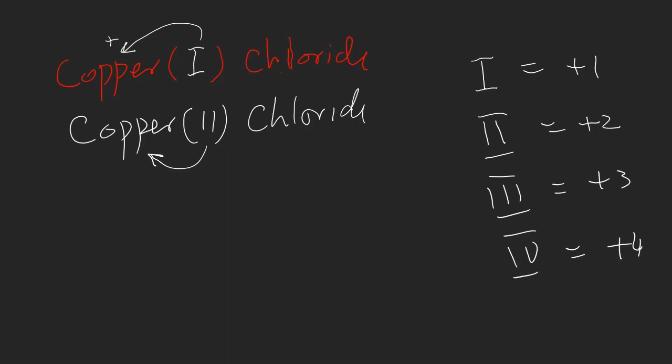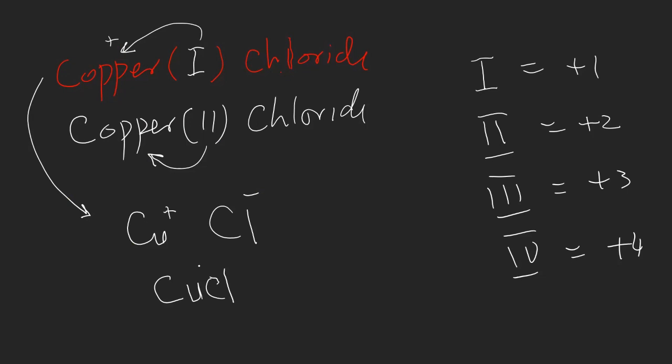So for the first one, copper is +1 and chloride is -1. We have seen in the previous videos that if the cation and anion charges are the same, you just put them together, and it becomes CuCl.